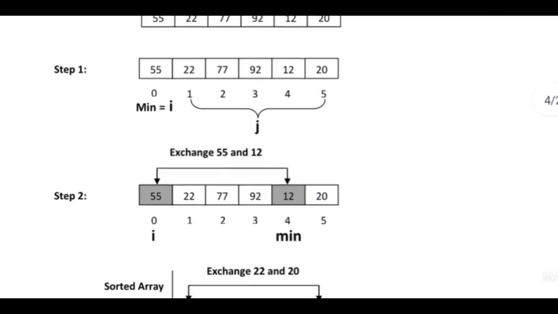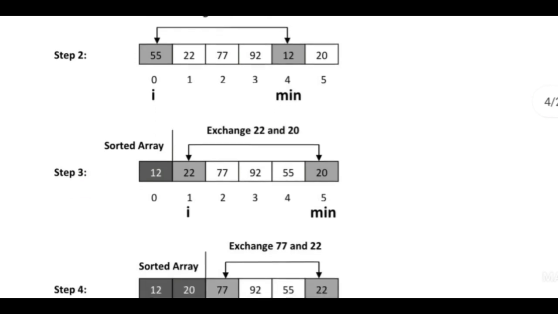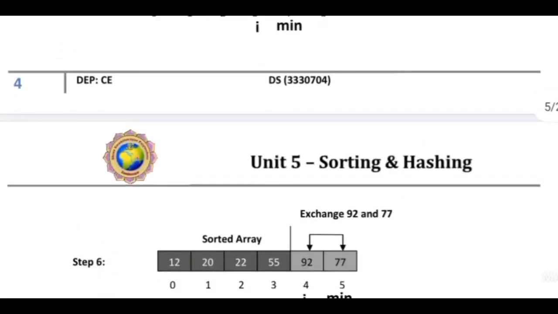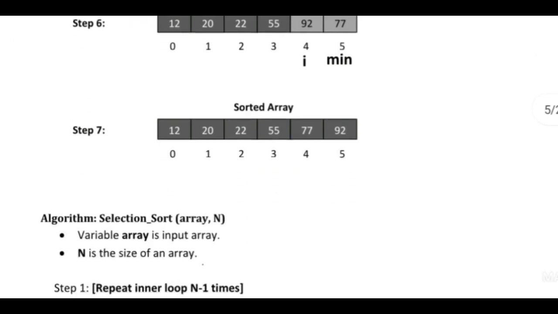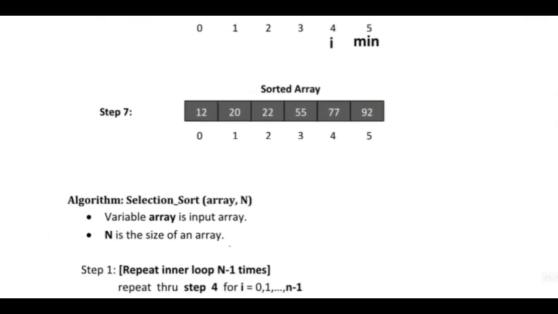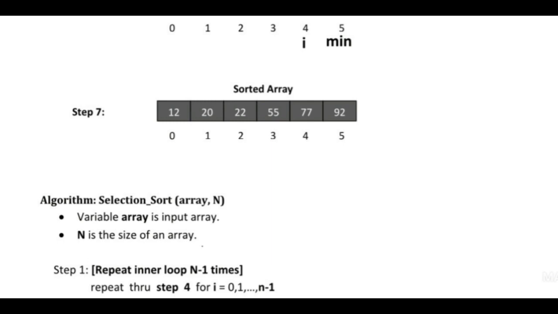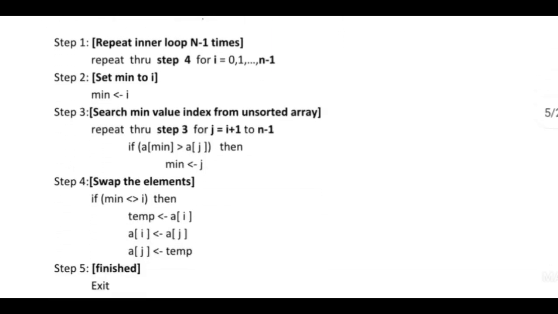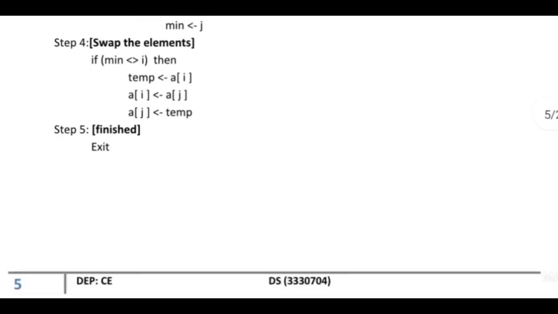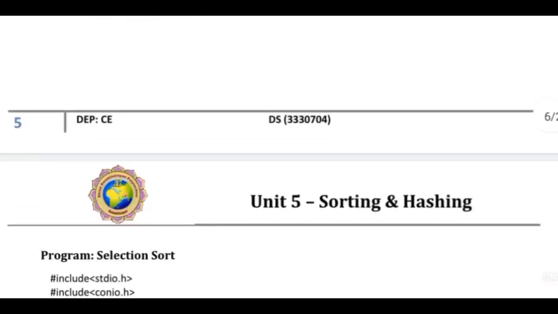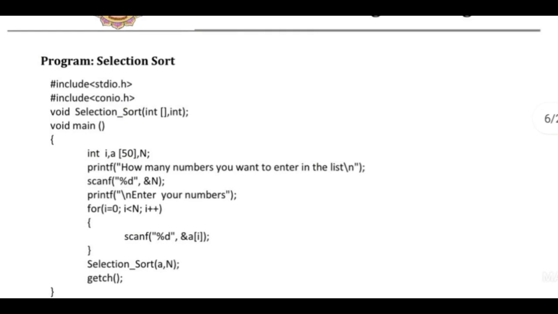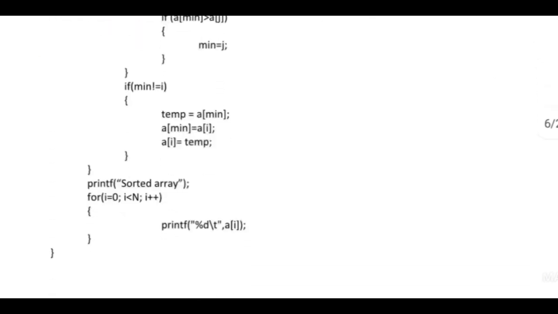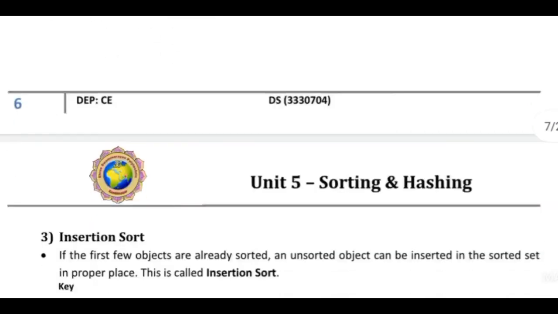So this is step 1, step 2, step 3, step 4, step 5, 6, 7 and finally we get the data in sequential order. This is the algorithm step of selection sort. Then here is a program, which is not important for the GTU exam.